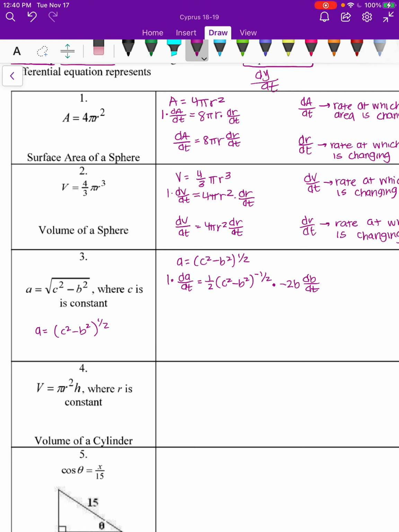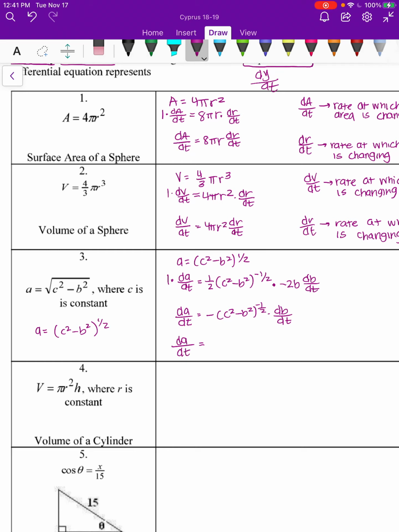Okay. So now we can clean this up a little bit. We have dA dt is equal to that 1/2 and the -2 cancel each other out. So it's really just negative c squared minus b squared to the -1/2 times dB dt.